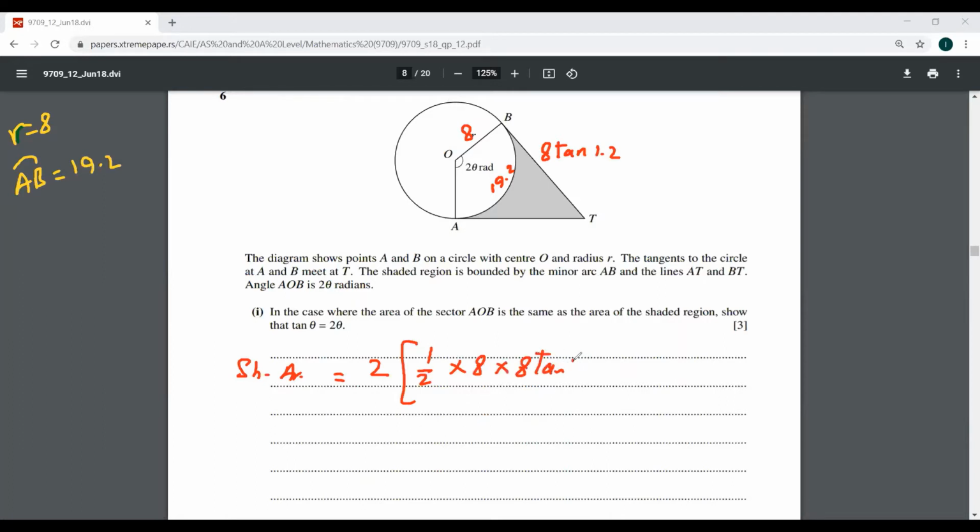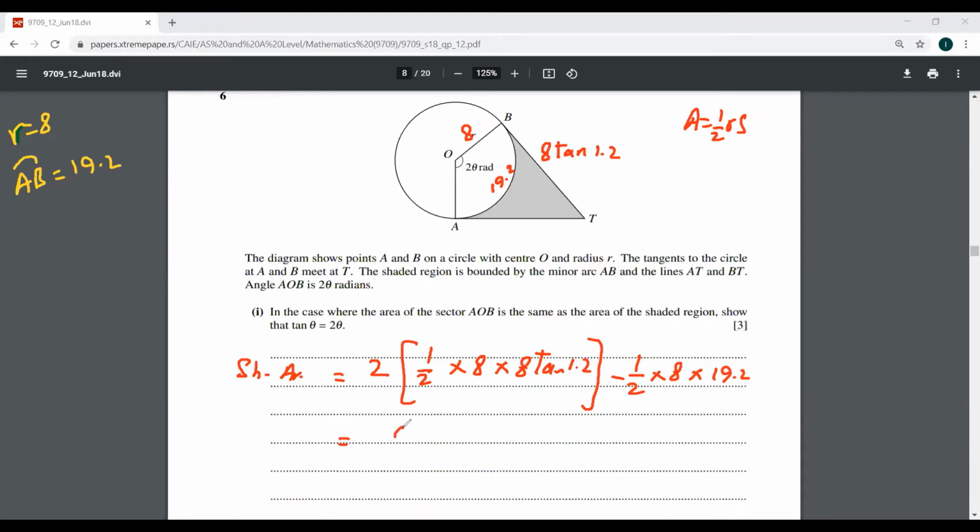Now please keep your calculator in radians mode and tell me what you get. Minus the area of the sector, whose formula is also half r s. So I'll be finding this area as minus half into 8 into 19.2. Please use your calculators and tell me what you get from this.